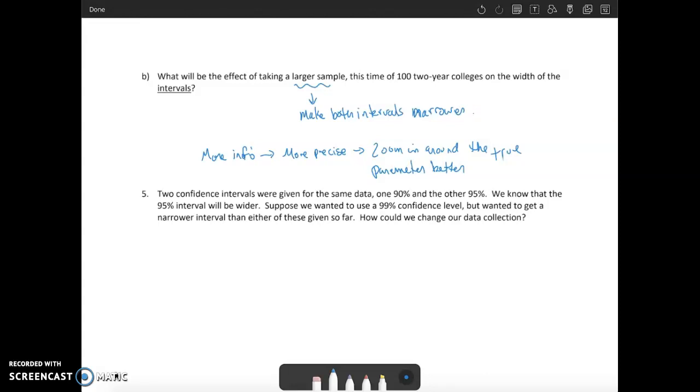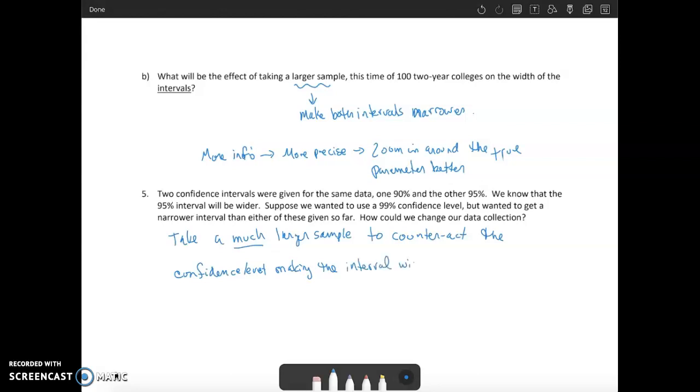So if you want to counteract this confidence interval getting super wide, what you're going to have to do is take a much larger sample. And probably quite a bit, probably a much larger sample to counteract the confidence level making the interval wider.